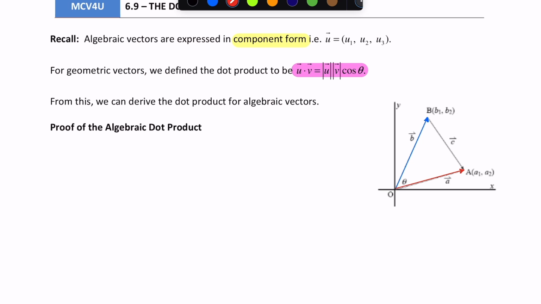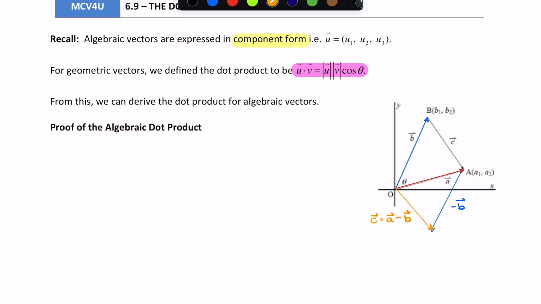If we draw a negative vector b, and then take it from the origin to negative vector b, we see that we can represent vector c as vector a minus vector b.